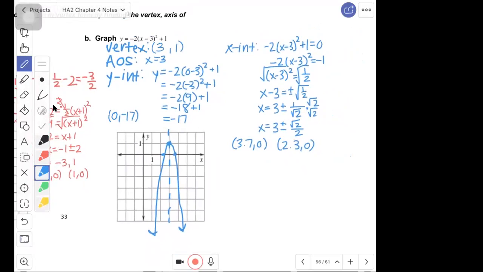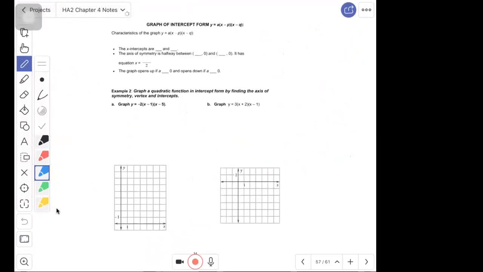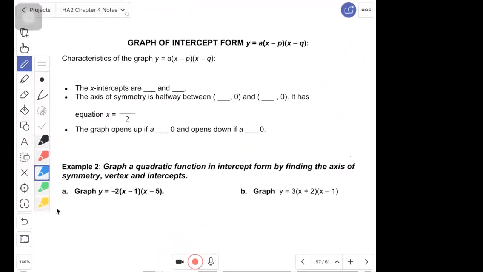So those two are both vertex form. So now we're going to look at intercept form. So that form is y equals a times x minus p and x minus q. So our x-intercepts of this form are that p and q.